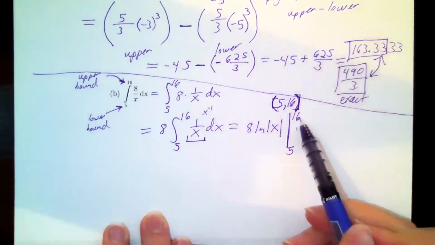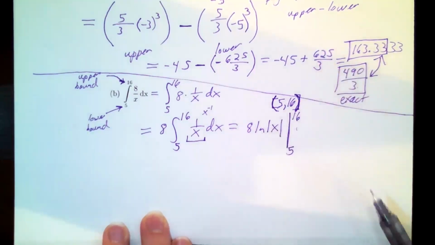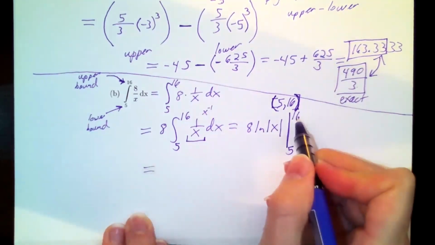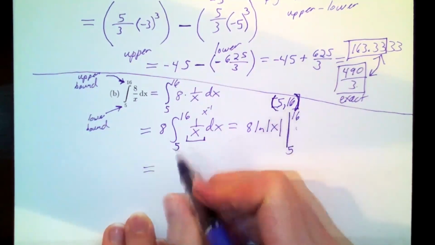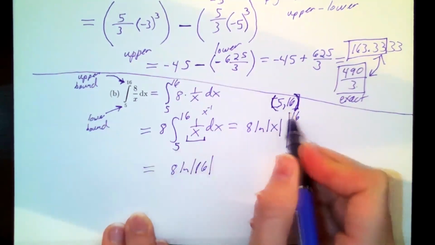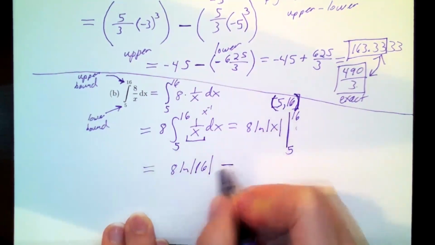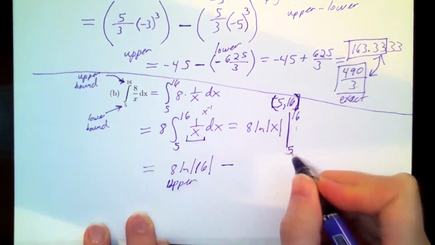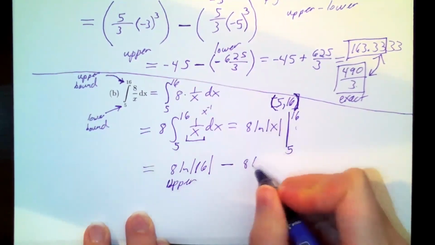What that means is you're going to plug in 16, plug in 5, and subtract them. Make sure that you plug in the upper number first. So you have 8 ln of 16, plug in for x, minus what you get when you plug in the lower number, 8 ln of 5.